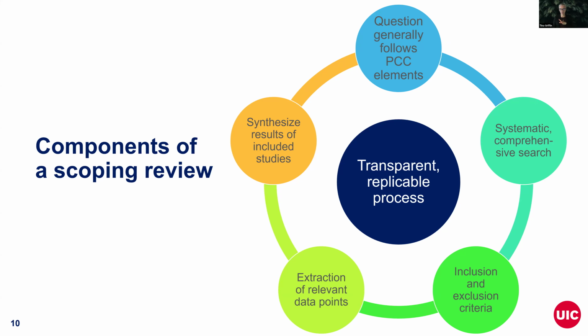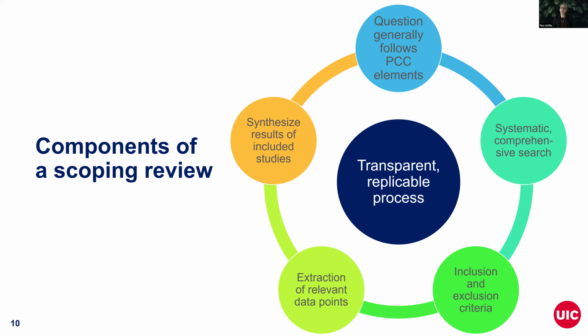Going clockwise around the circle, you also do want a systematic, comprehensive search. You can't synthesize what you haven't captured. So if you don't have a systematic, comprehensive search, then you can't retrieve things in order to analyze them.